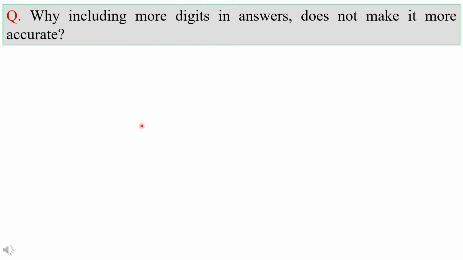Question: why does including more digits in answers not make it more accurate? Answer: the precision of the measurement is reflected in how the value is written. Writing a result with more digits implies that a higher precision was achieved.